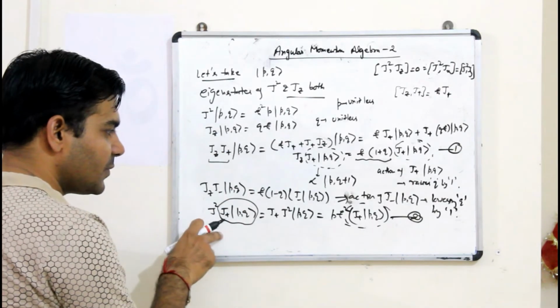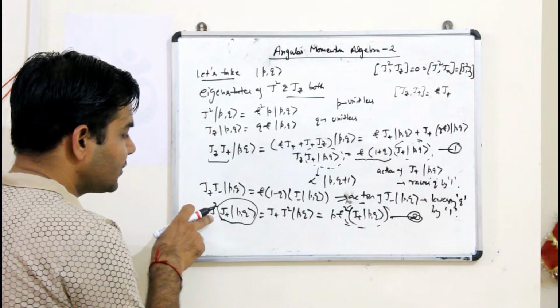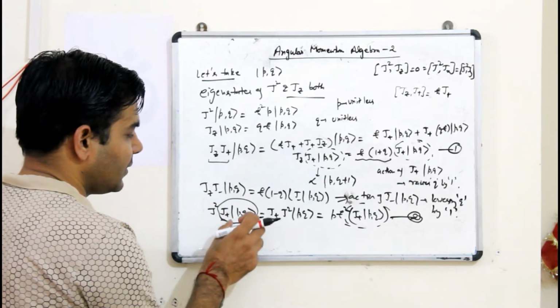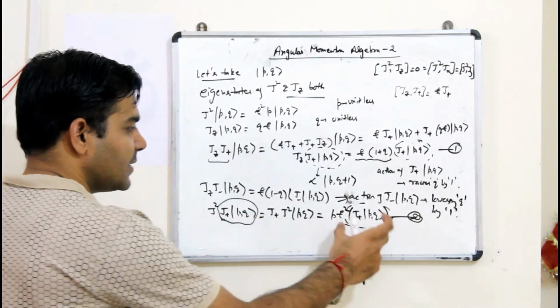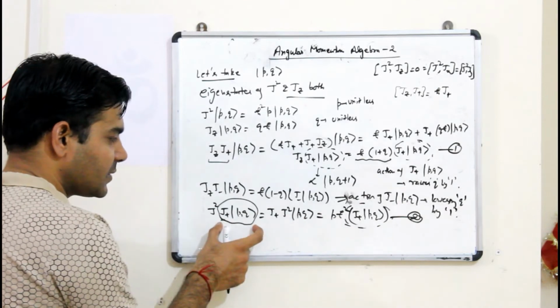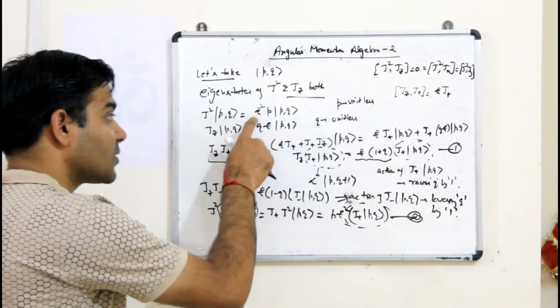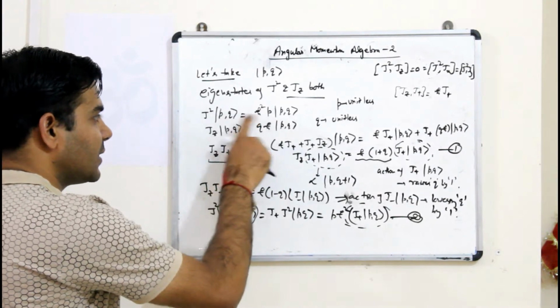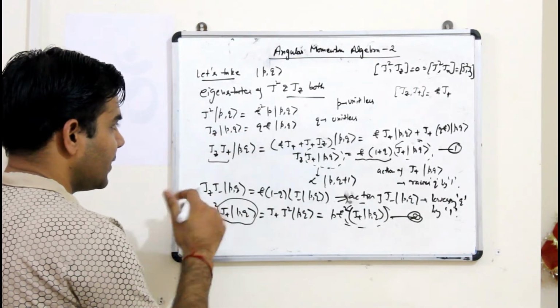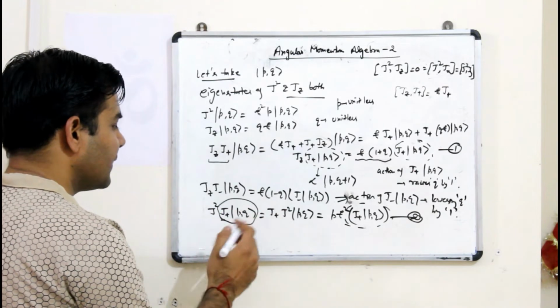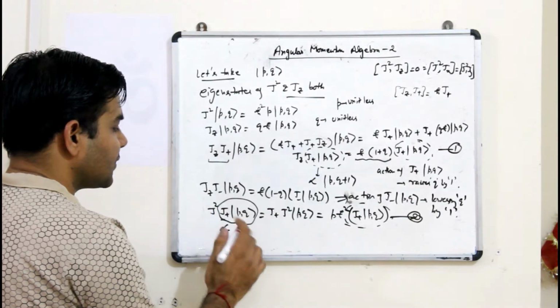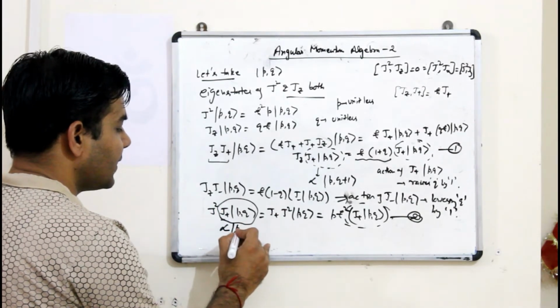Now similarly, this important relation tells us the action of J plus on any state, because if this is a state and J square is acting on it, it is returning me P h cross square, the similar kind of eigenvalues that the PQ state gives me. So this state should be proportional to something of this kind.